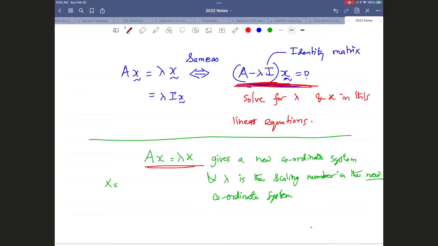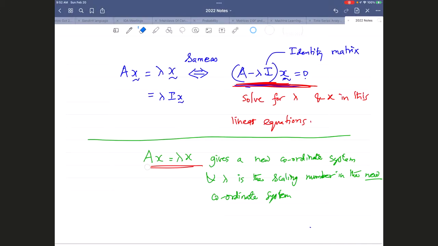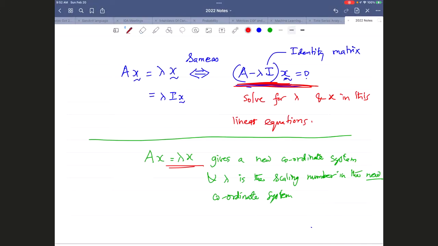In the case of 3 by 3, remember, this matrix is 3 by 3, so this has to be 3 by 1. This lambda is 1 number, just one scale.